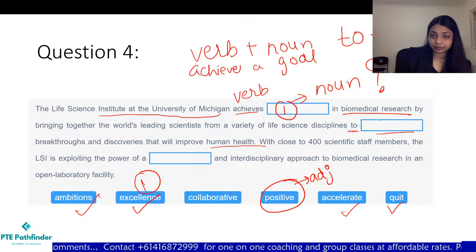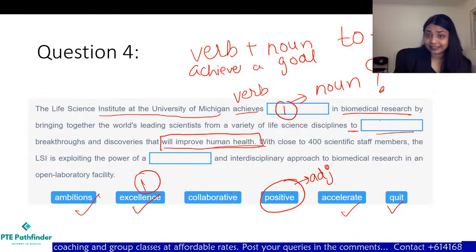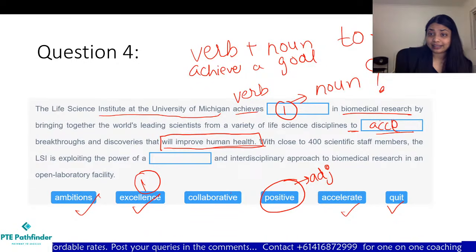Okay. Now, if you look at the sentence, it says, in biomedical research, by bringing together the world's leading scientists from a variety of life science disciplines to dash breakthroughs and discoveries that will improve human health. So it's going to help in improving human health. So it's going to help us accelerate things, speed up the process.